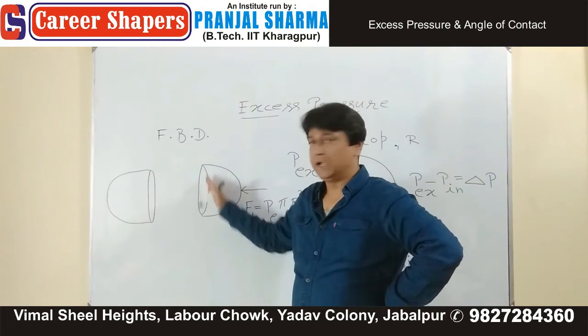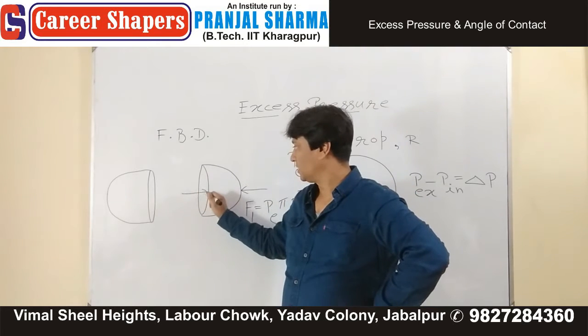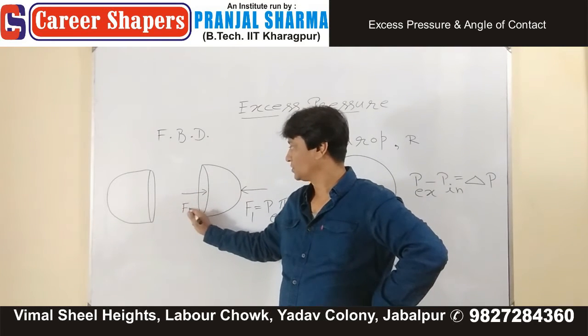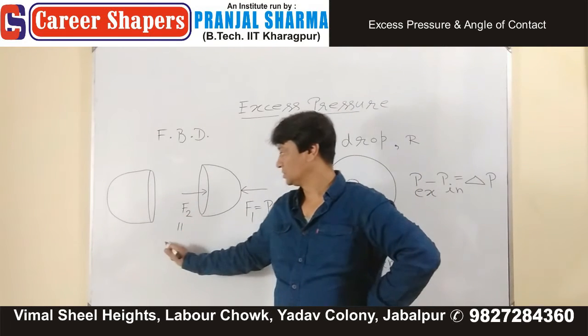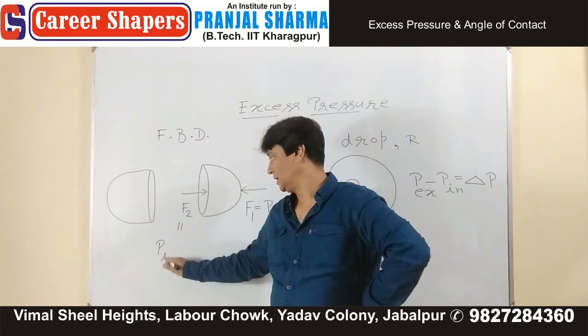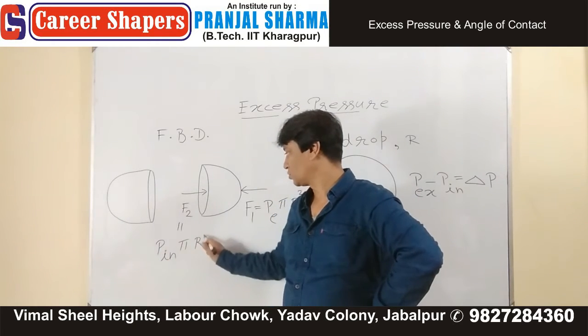This is the internal part. From the internal side, force is coming, F2, which is P internal multiplied by pi r square.